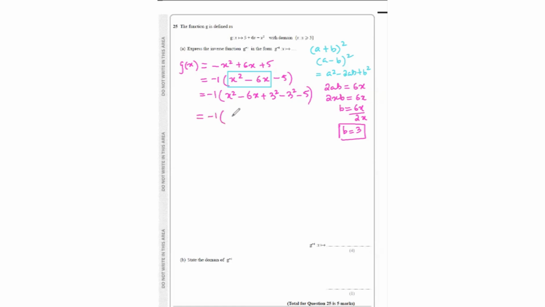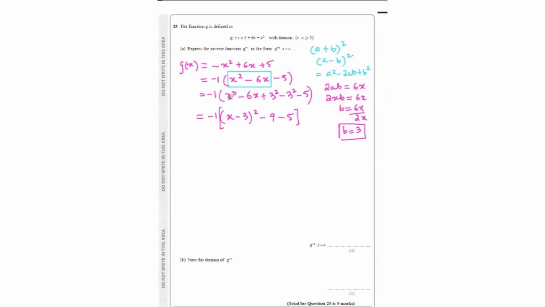So now our completed square would be x squared minus 6x plus 3 squared, which can be rewritten as a minus b whole squared, which is x minus 3 whole squared. And the minus 3 squared, which is 9, and the minus 5, they come outside the square part because they're not a part of the complete square, they're separate.